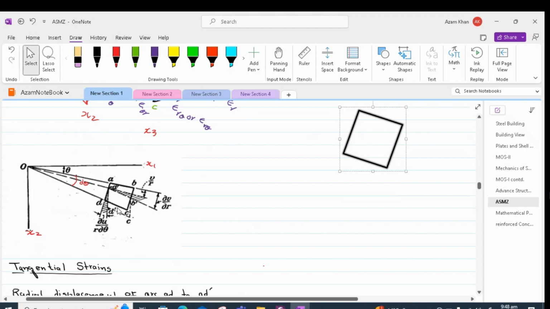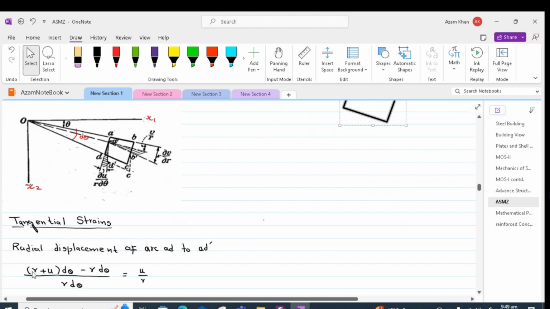We assume that the points A and D of the element ABCD have only the radial displacement u. The new length of the arc would then be (r plus u) d theta.